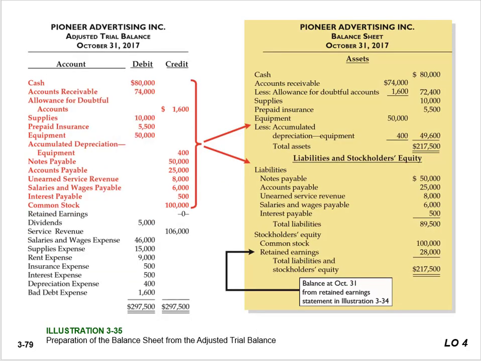And the same with the balance sheet. Your assets and liabilities from the top part of your adjusted trial balance, how they flow over into the categories for your assets and liabilities on your balance sheet as of October 31st. So these are two very good slides for your notes.